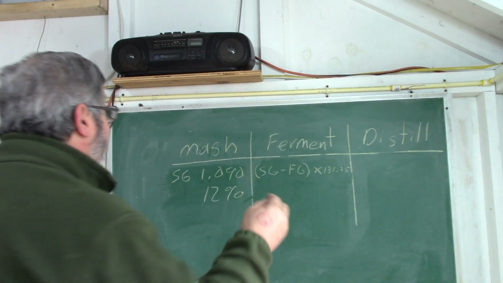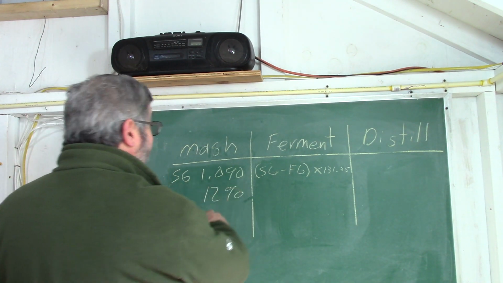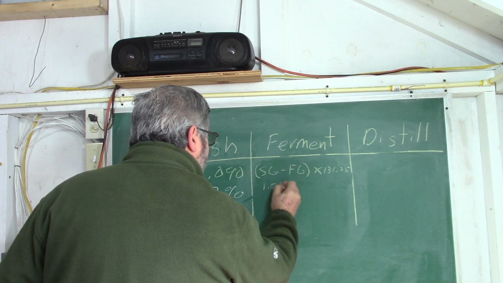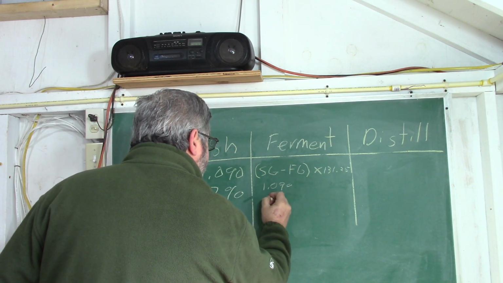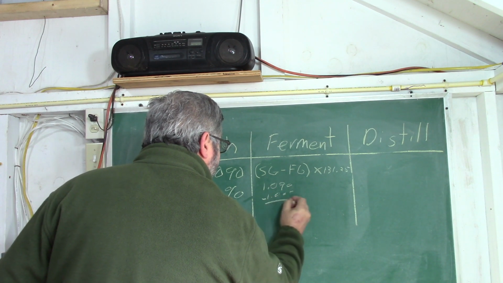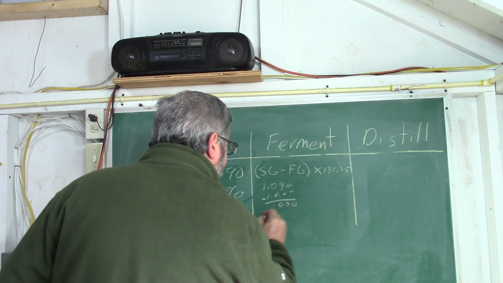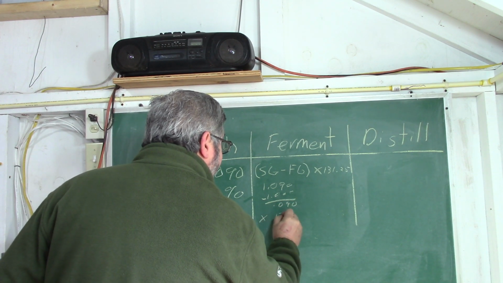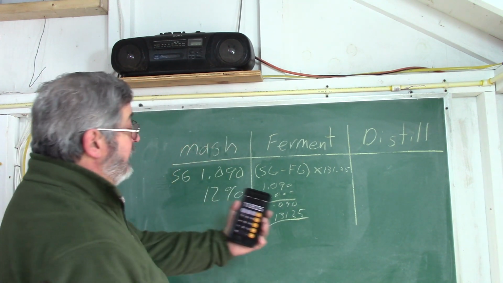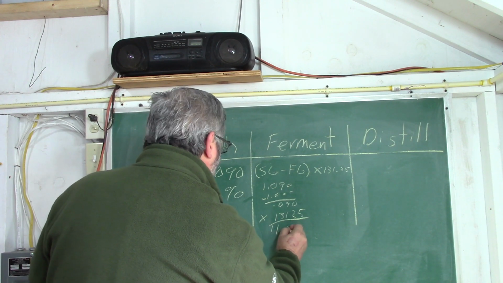okay, so since we started with 1.090 minus 1.000 equals 0.090 times 131.25 equals 11.81.